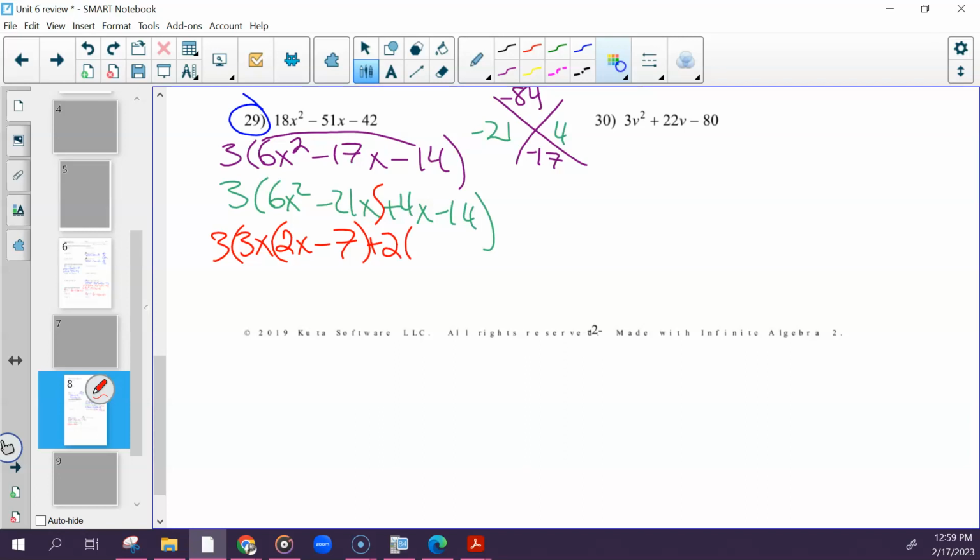You divide that out, what's left? 2x minus 7. And then what would our final answer be? 3, parentheses 3x plus 2, 2x minus 7. Correct.